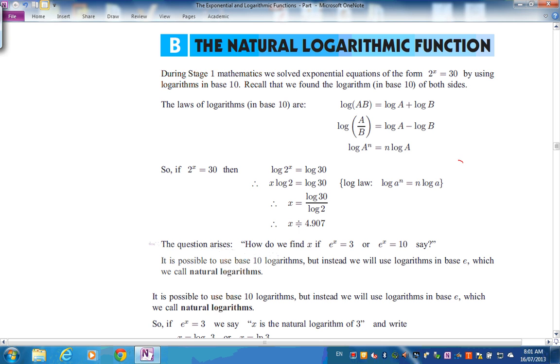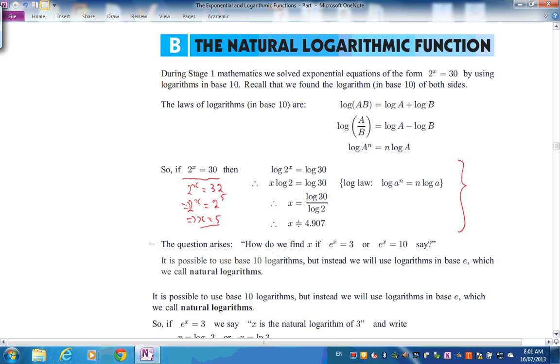I'd like to come down here first of all and say, well, if we had 2 to the x equals 30, we realise that is not as friendly as 2 to the x equals 32. Because 2 to the x equals 32 can be done easily without logs, because you write both sides as a power of 2. So that would imply this was your answer here.